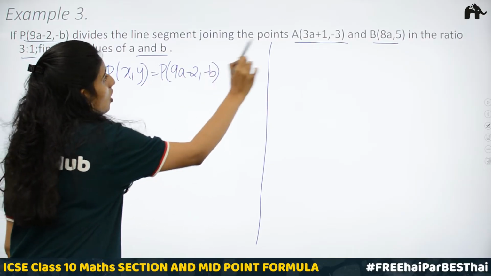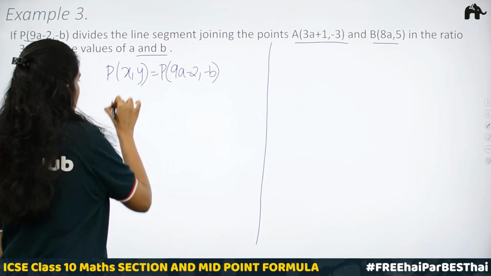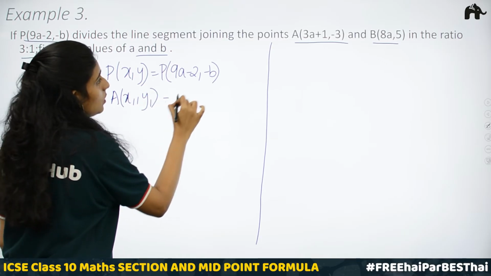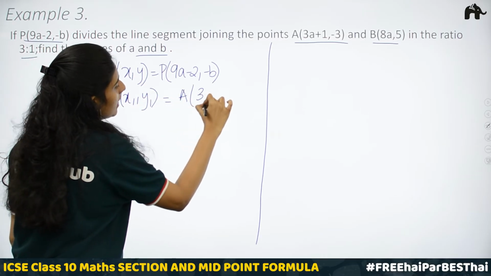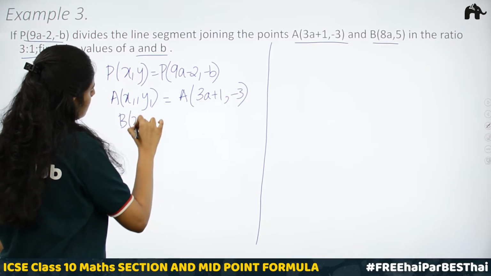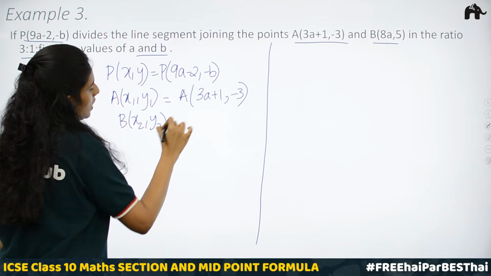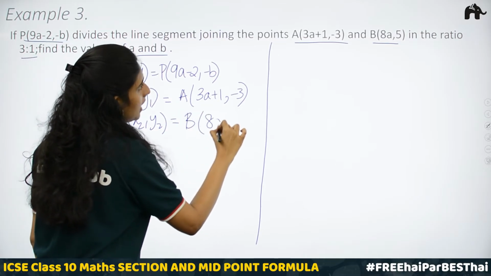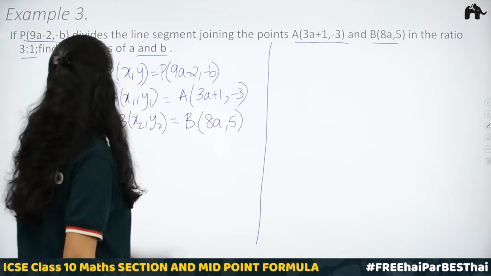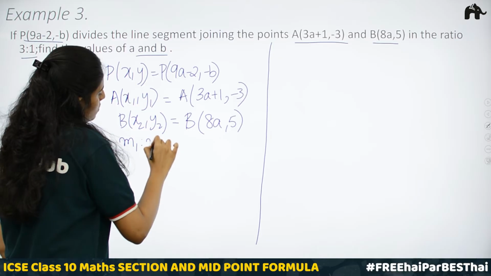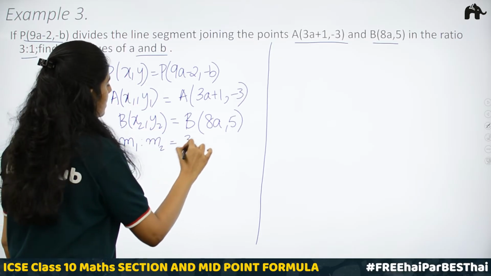Then what else is given? The line segment joining the points A, that is A(x1, y1) is equal to A(3a plus 1, minus 3), and B(x2, y2) is equal to B(8a, 5), in the ratio 3:1. m1 is to m2 is also given, that is 3:1.